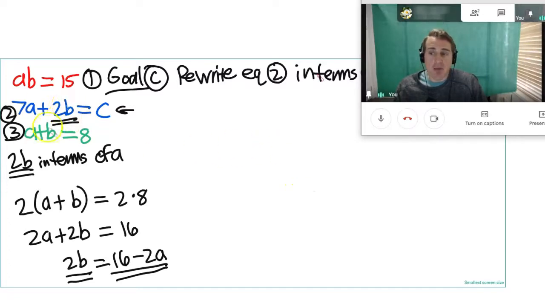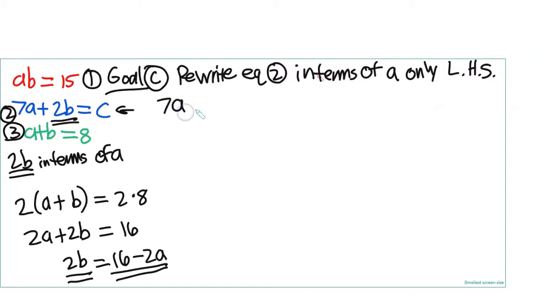On the left-hand side, we're only going to have a's. So we should have 7a, and then remember, 2b becomes 16 minus 2a. So this is plus 16 minus 2a equals c, correct? Now, the 7a and the minus 2a can go together. That's 5a plus 16 equals c, right? Because it's just 7a minus 2a.